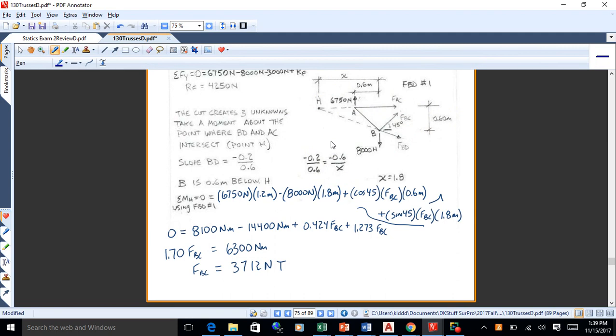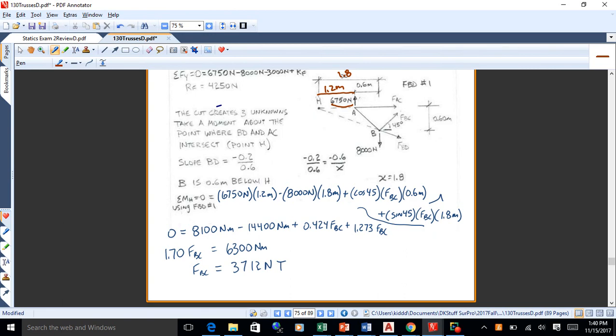So when I take moments about that point, I'm going to have 6750. This is 1.8, so that leaves this distance right here at 1.2, right? 1.8 minus the 0.6 leaves 1.2 there.